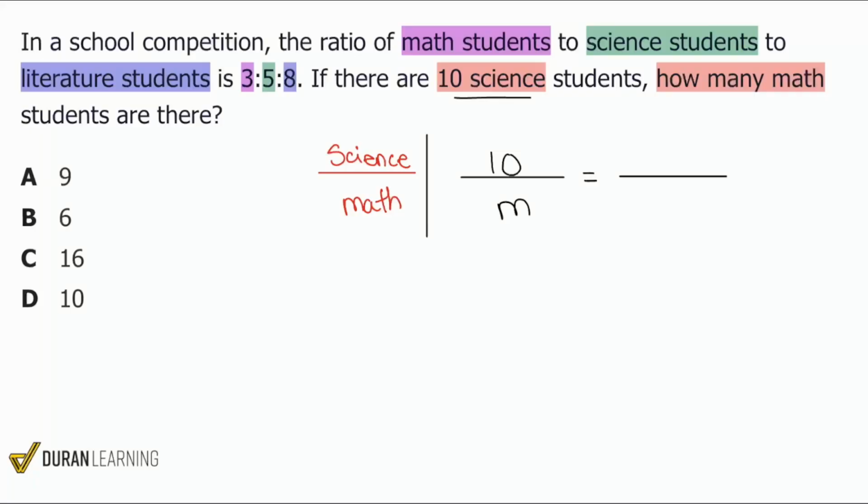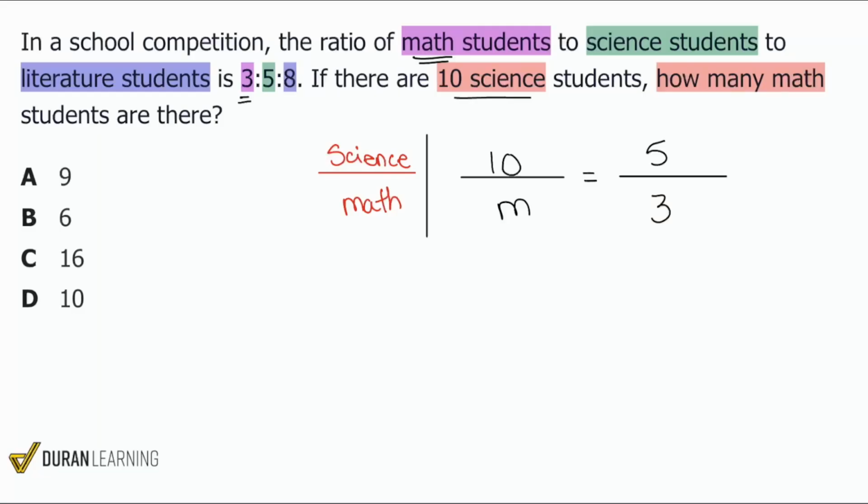Yeah, we see that right there in green, right? Science, that middle number, boom, that is 5. And then in the denominator, what are we going to have for math? We see that the first value in purple was math, and the first value there is 3.